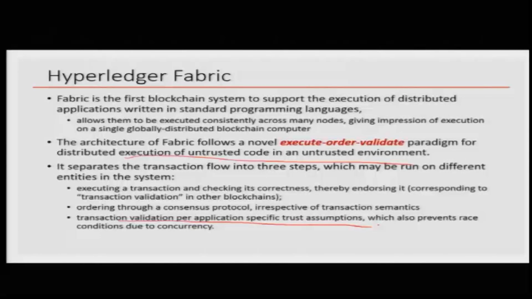There is some notion of a version issue also, but right now let us not worry about it. Just understand this, that transactions will be ordered, a block will be cut, and that block will be sent to peers called validating peers. Validation will be done by these validating peers.